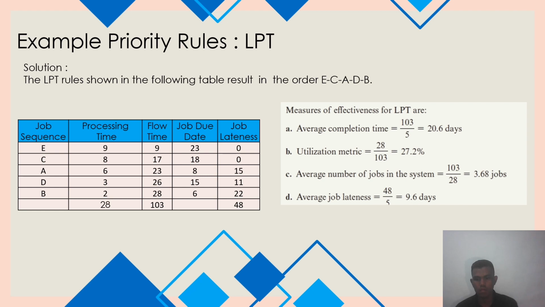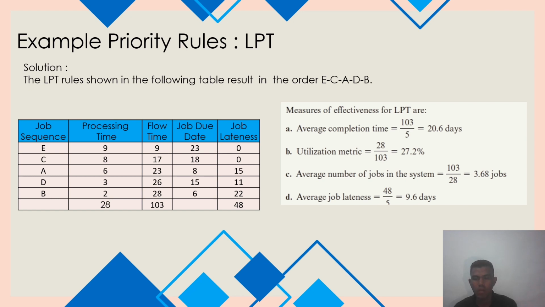So 28 per 103 is 27.2%. And C, average number of jobs in the system is the sum of total flow time per total job work processing time, which is 103 per 28, which is 3.68 jobs. And D, the average job lateness is total late days per number of jobs.